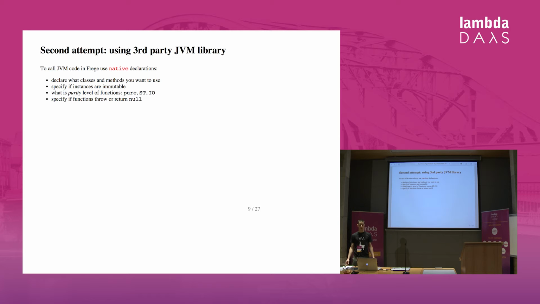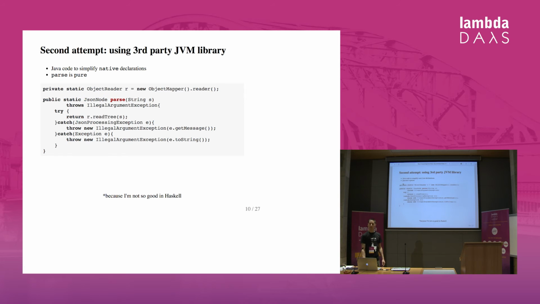So if the function is really a pure function, or if it changes some state, or if it has side effects reaching some network, disk, or other stuff. And it is also common that Java functions return null or throw exceptions, and we can specify that also within this native declaration. So there is compiler magic which helps us.